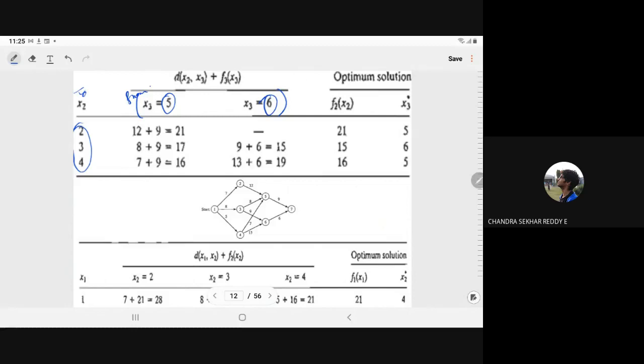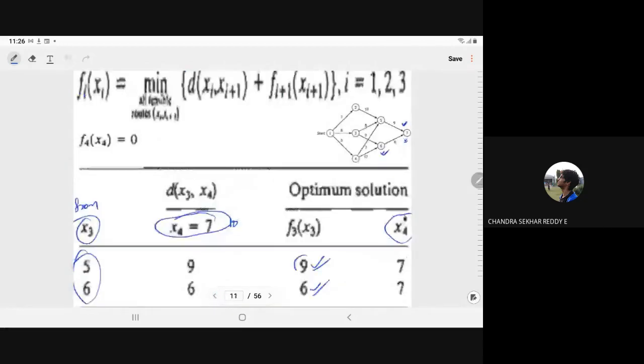So what is the formula? First, we take the distance between x2 and x3, plus the optimal value of f3. The optimal value of f3 you have seen in the previous slide, and it is 9.